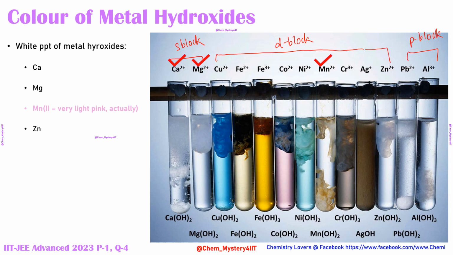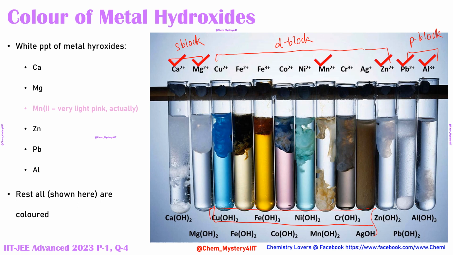And other than that, we are having those last three, that is zinc and then lead and then aluminium. So these 6 are the only ones which we can consider as white. The rest which we see over here are going to be colored, starting from this copper hydroxide up to this iron, cobalt, and this up to zinc.